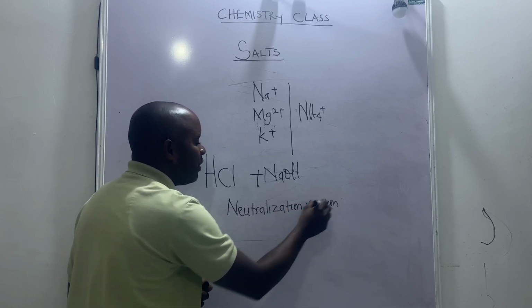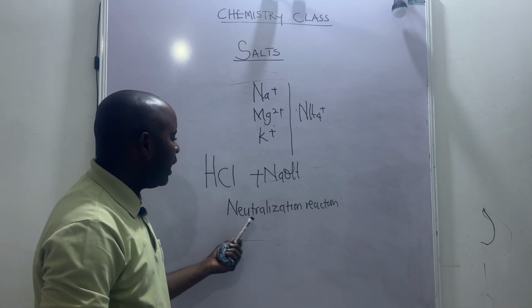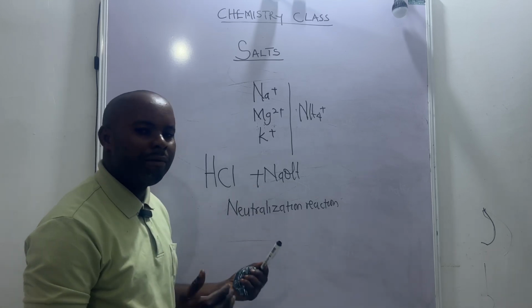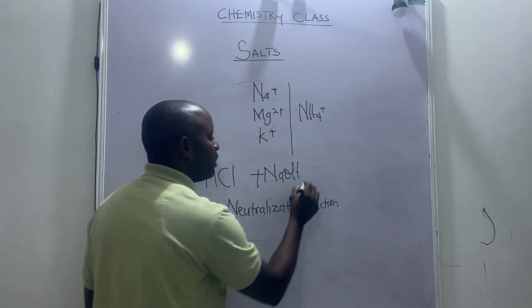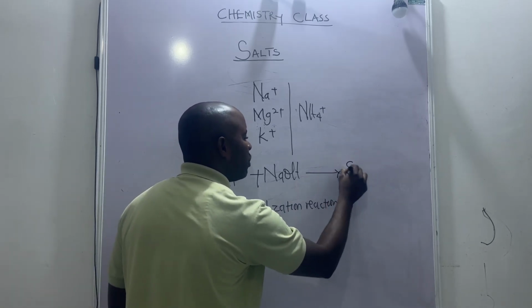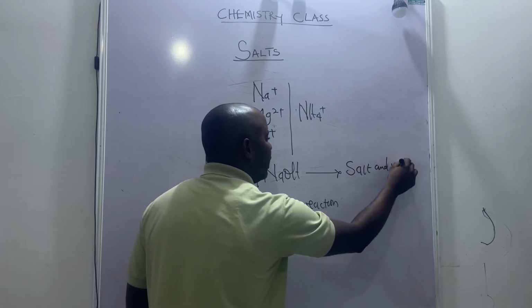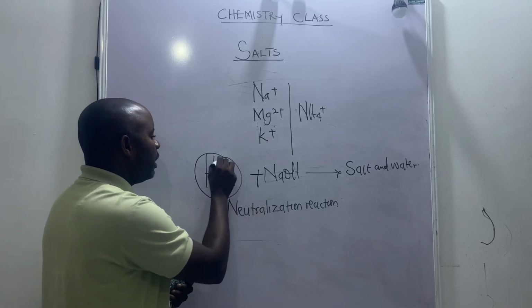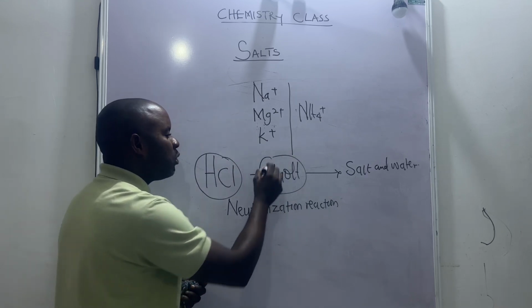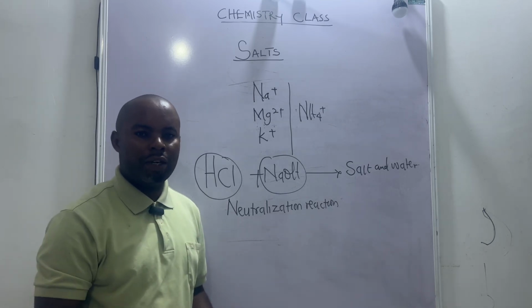So we can infer from the definition of a salt that the end product of a neutralization reaction is salt and water at the end. The state of the acid and that of the base will determine the kind of salt that is produced at the end of the reaction.